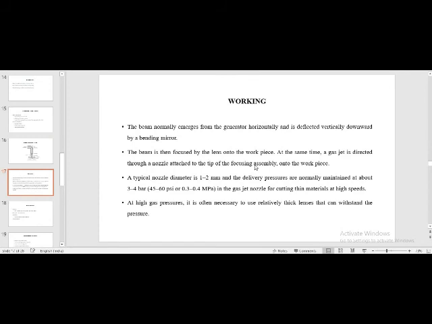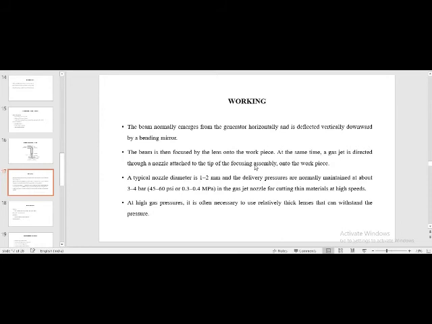Working. The beam normally emerges from the generator horizontally and is deflected vertically downward by a beam bender. The beam is focused by the lens onto the workpiece. At the same time, a gas is directed through a nozzle attached to the tip of the focusing assembly onto the workpiece. A typical nozzle diameter is 1 to 2 mm. The delivery pressure is normally maintained at about 3 to 4 bar.